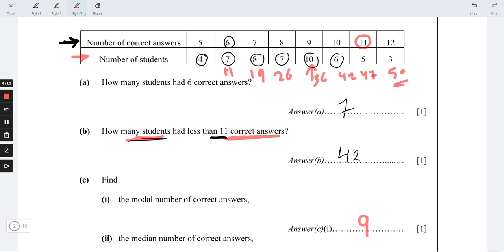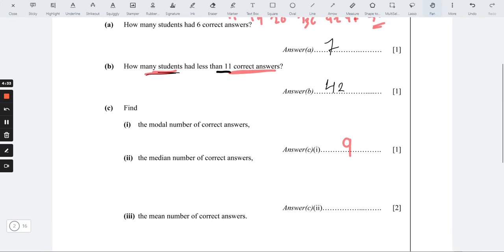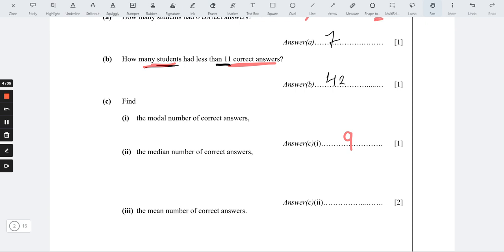So median here: 50 divided by 2 is 25. So the 25th and 26th positions. In this case, the median will be 8.